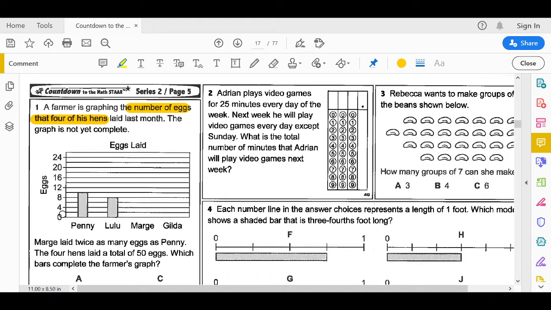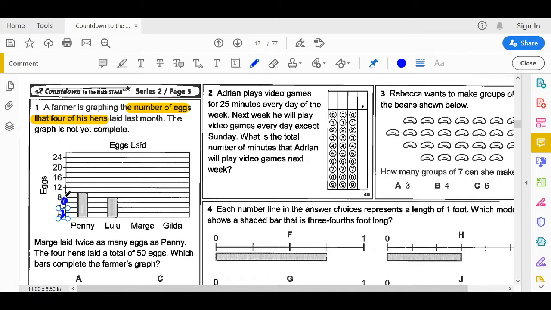We can also notice that in between each number there's another line, which means that will be half of the number. What is half of 4? That's correct, it's 2. It means that each line represents 2. I'm going to use my pencil right here. I'm going to write 2. This should be a 6 right here.